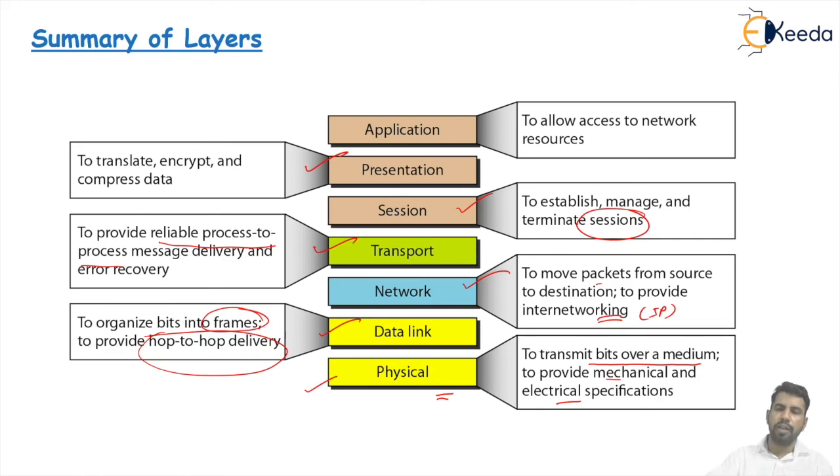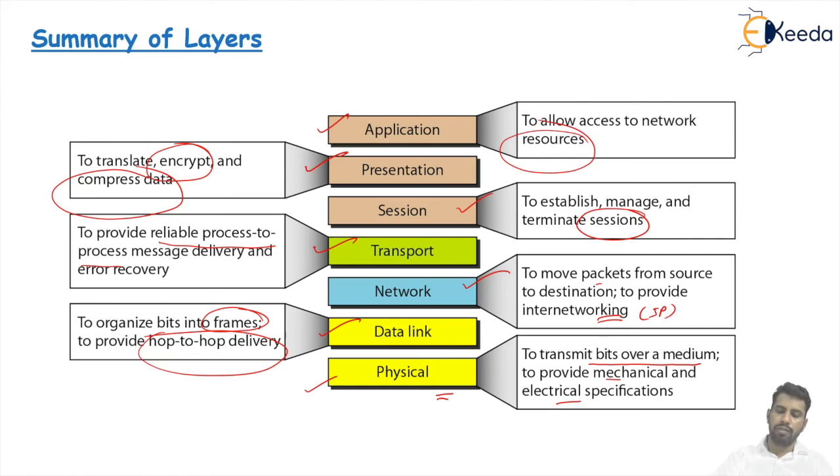Presentation layer is mainly responsible for encryption, decryption, compression of data, and translation of data. Application layer is responsible for user interaction, allowing the user to access different types of services or resources present on the internet.